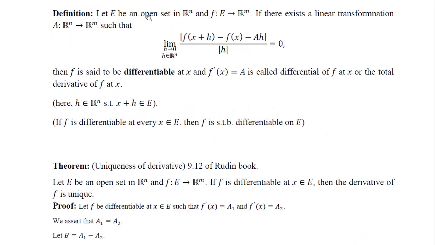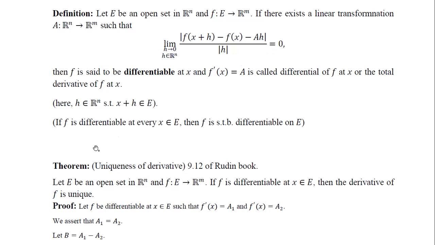For this, let us recall the definition of differentiation of a function f at a point x. f is said to be differentiable at point x, and the derivative of f at x is a linear transformation A, if and only if the limit of the norm of f applied to x plus h, where h is some step, so f applied to a neighboring point x plus h, minus f at the original point x, minus the linear transformation A applied to the step h, the norm of that divided by the norm of the step h, that means the step length, is equal to 0.